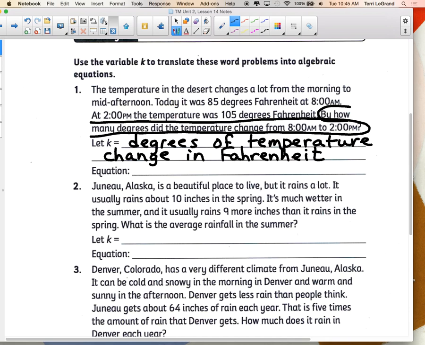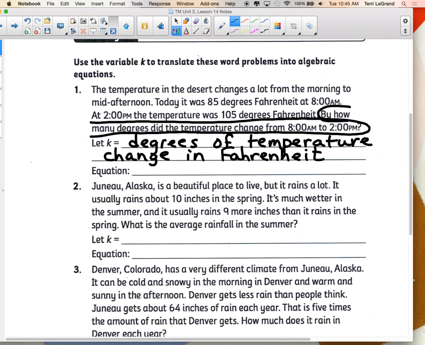Now, we can find the answer to this, but that's not what they're asking us to do. They're asking us to give an algebraic equation that will represent this situation. Do you think the times, like the number 8 and the number 2, would have any part of our equation? Would we use an 8 and a 2 in our equation?